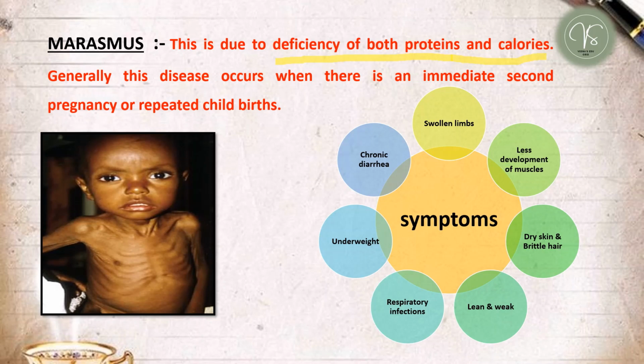As you can see in the figure, the child will have less developed muscles, dry skin, brittle hair, will look lean and weak, suffers from many respiratory infections, will be underweight, suffers from chronic diarrhea, and will also have swollen lips. So these are the symptoms of the disease marasmus.